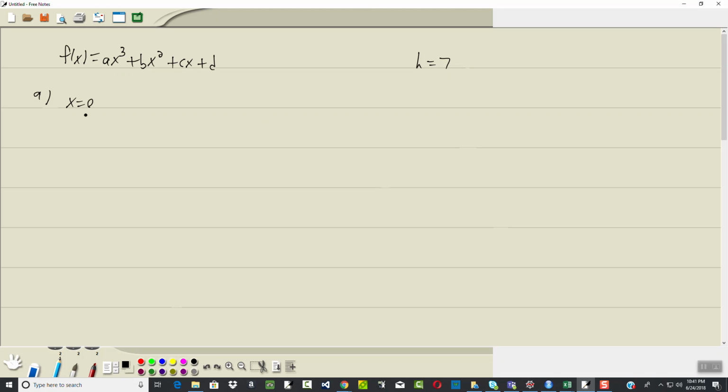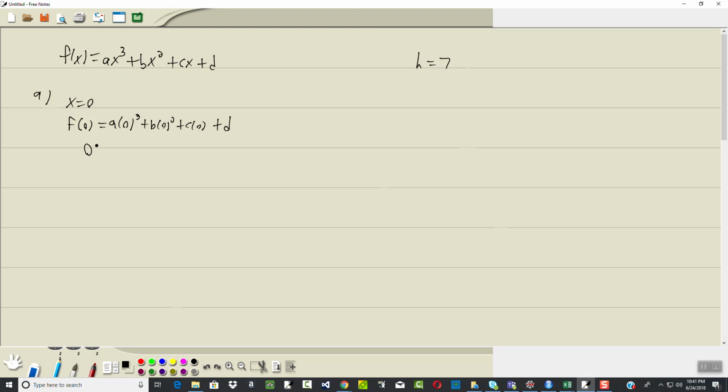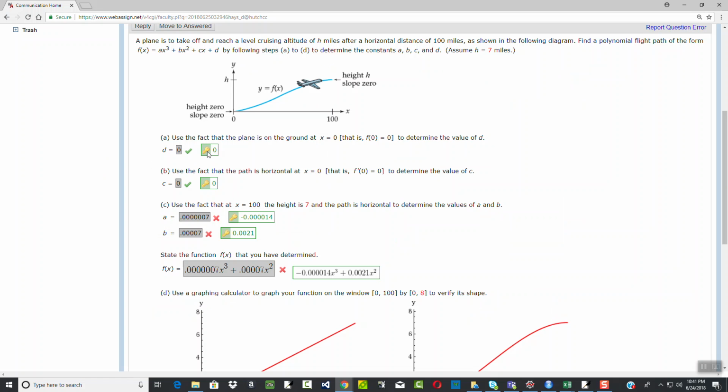So if x is equal to 0, then f of 0: plug 0 in for all these, and we have a times 0 to the third plus b times 0 squared plus c times 0 plus d. But f of 0, which is our y on our graph, is equal to 0 here. Those terms drop away, so we get d is equal to 0. Okay, and that's where they get that.